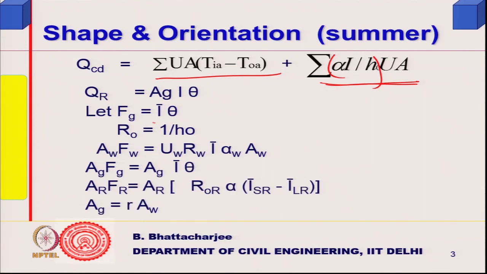So, you define now something like Fg, which is I theta. You can write it as U, R W, I alpha A W, as area multiplied by the rest of the thing.